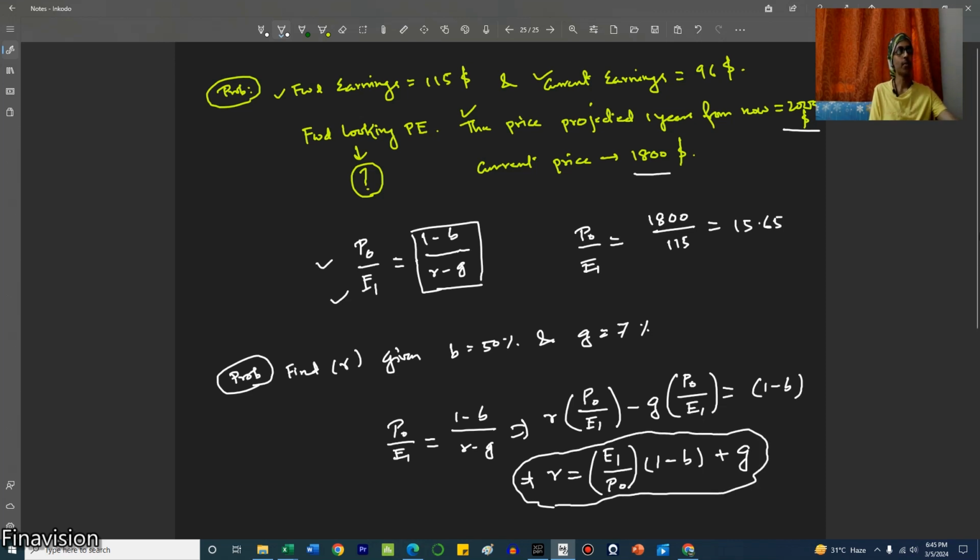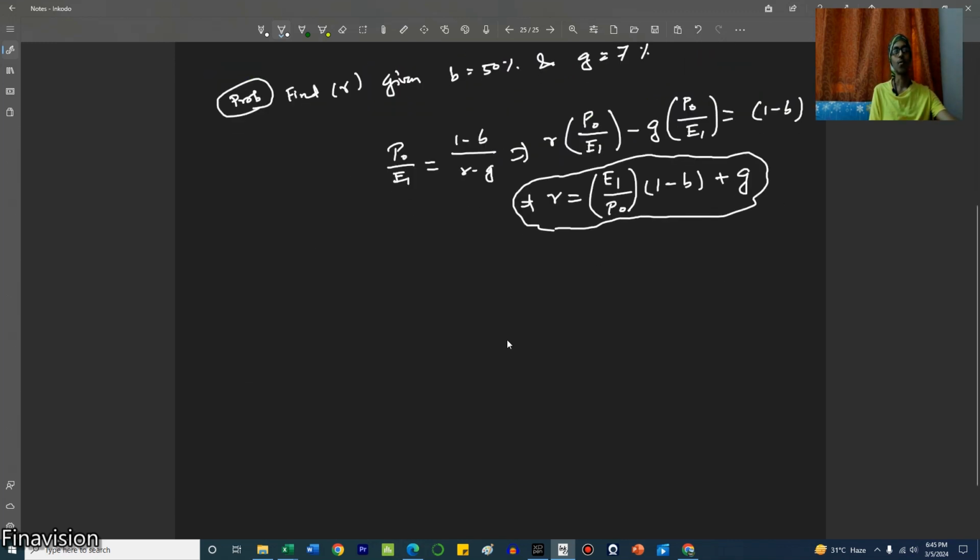We can easily put the values here, guys, and get the answer. So R is equal to 1 by 15.65, this is the inverse of the forward looking PE, right, into 0.5, which is the retention ratio, plus 0.07.